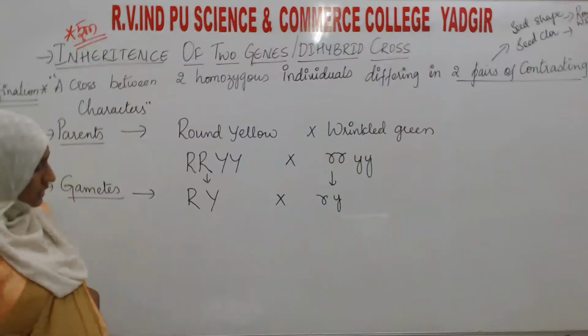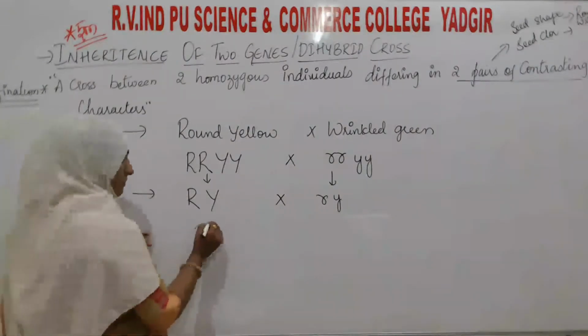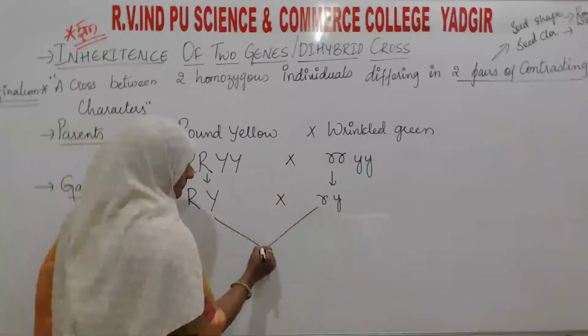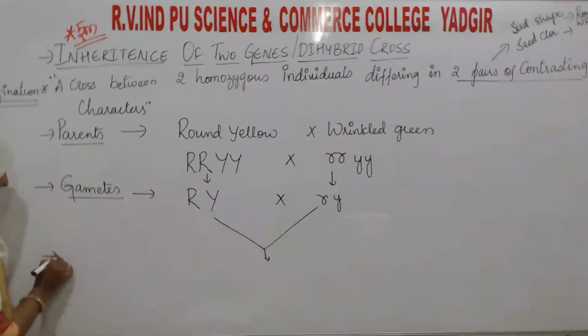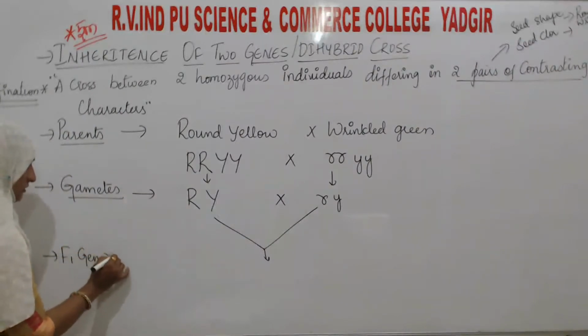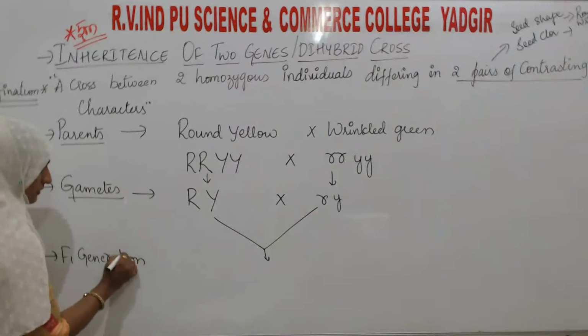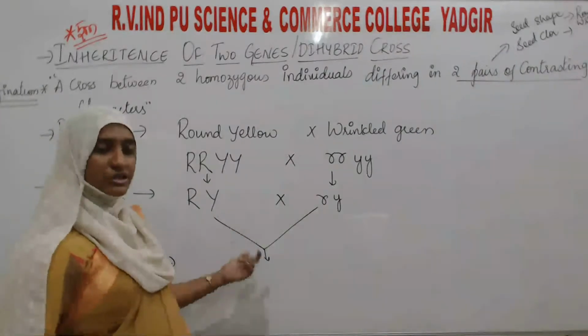Next, if we cross them like this, we will get the F1 generation. Here in the F1 generation, what will be the genes?